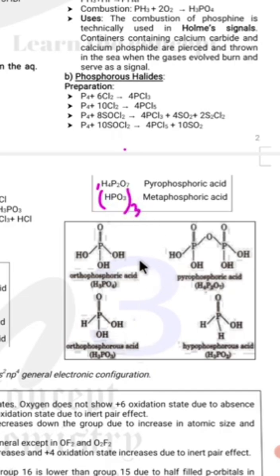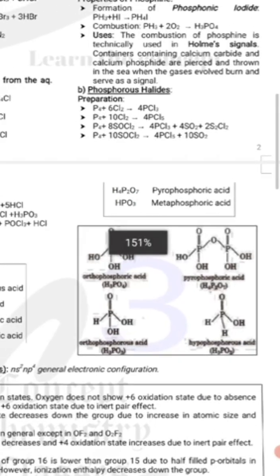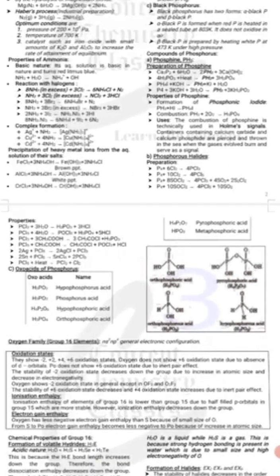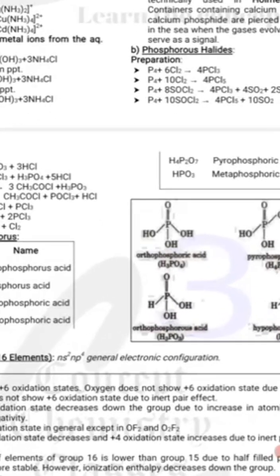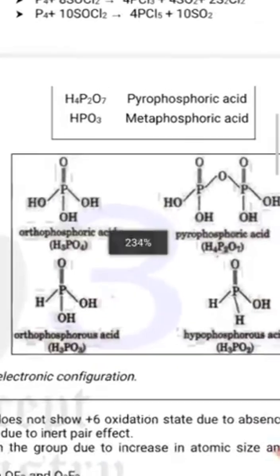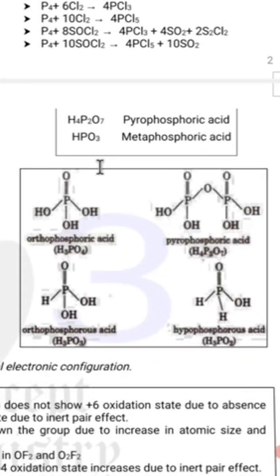Okay, now in the exam a question can be the basicity of these oxoacids, right, and structure can be asked in the exam, right, structure. So here are some structures of these oxoacids. These are some structures which can be asked in the exam.